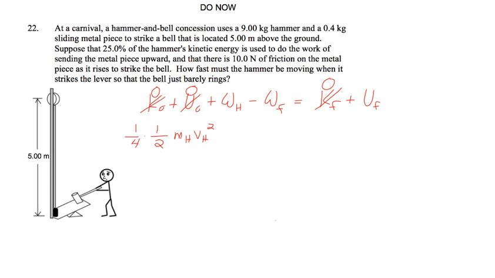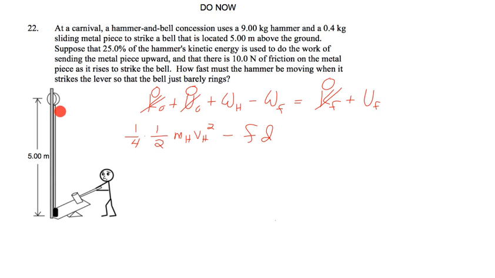So now I basically have 1/8 of that. So that's going to be this. Then minus the work due to friction is going to equal the friction value times D. I actually know what the friction value is because it says 10 newtons of friction. So that's the force that's being applied as this thing goes up from here up to there.